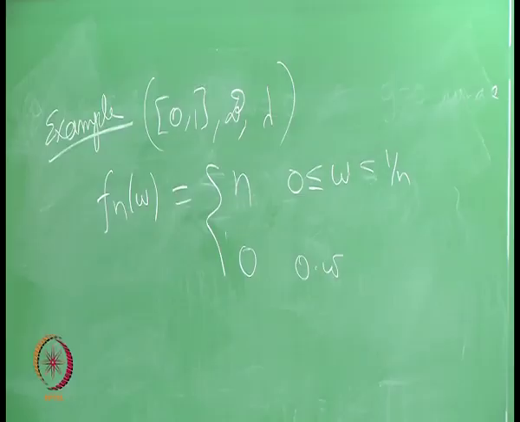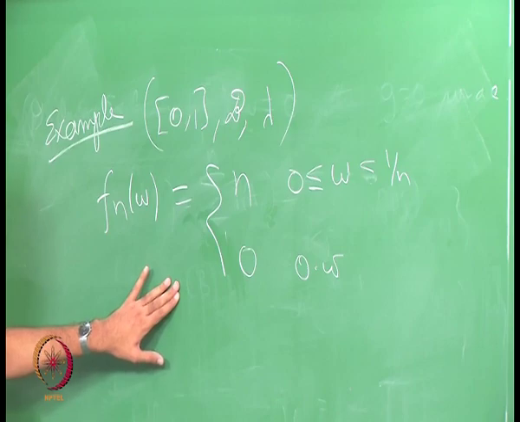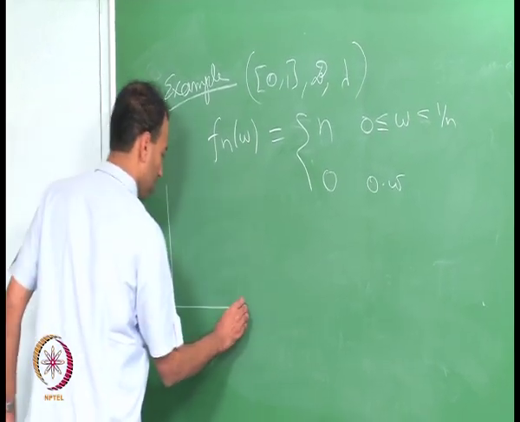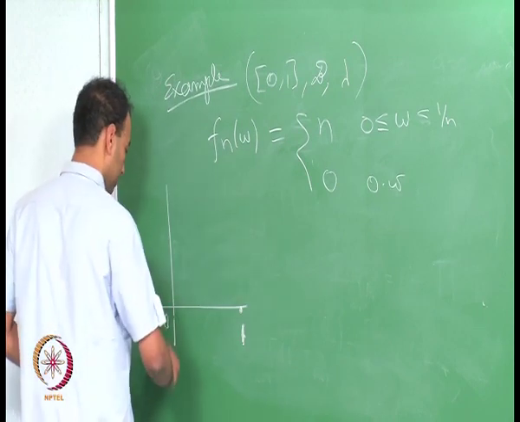So, that is my sequence of functions. So, f_n of omega will look like that. If I plot it, all the action is in the [0,1] interval.